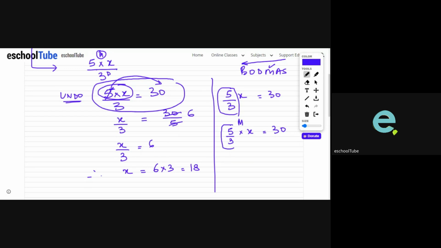Instead of division, you can think of it as a number, as an improper fraction. So x will be 30 times the inverse of this. 5 upon 3, when you take it on this side, this becomes 3 upon 5. And that is what we have done. If you watch carefully, 3 is on the numerator, so you are multiplying here by 3, and dividing by 5, you are dividing by 5.